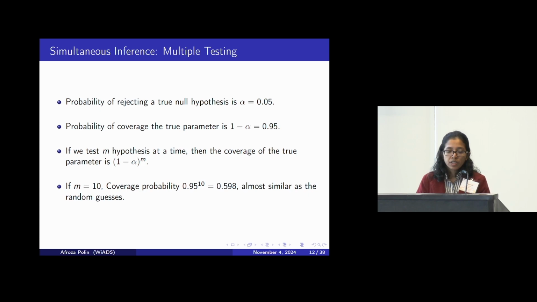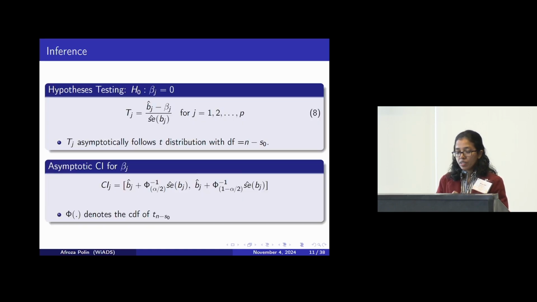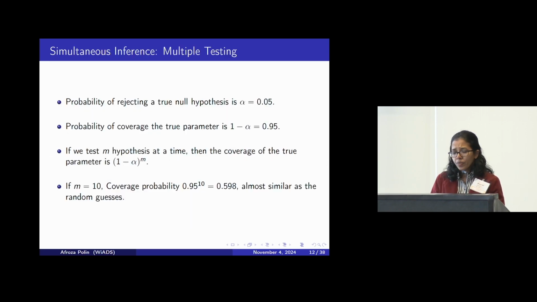Now, for multiple testing simultaneously, most of the time we want to know the impact of several variables at the same time. What is the risk if we skip this part? Like we say, we are 95% confident that beta 1 will be a number within this limit. But I'm 95% confident, that means I'm accepting that this estimate may have 5% error.